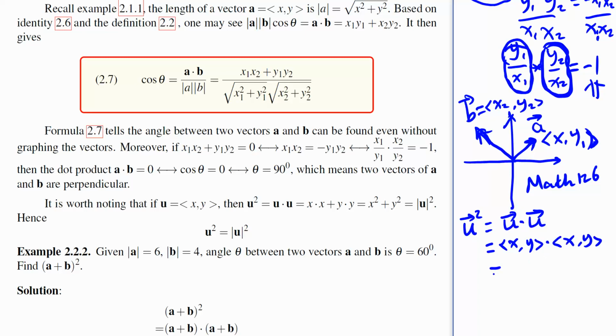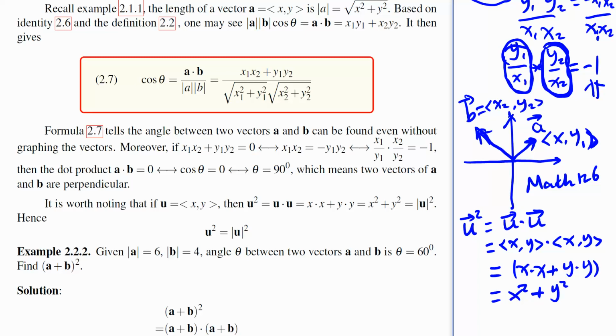But we know xy dot xy is x times x plus y times y. Okay, so this is going to be x squared plus y squared.